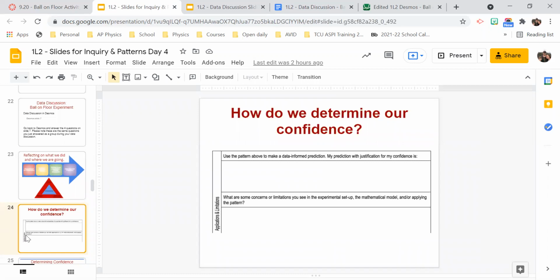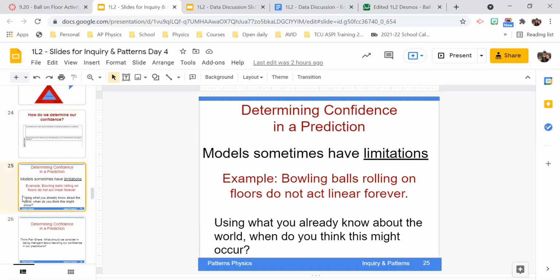And we determine confidence. We talked a little bit about limitations in class. That rolling ball, or that bowling ball in the video, cannot act linear forever. It can't have that same pattern. Friction is going to start slowing it down. There's going to be some wind resistance that's slowing it down as it travels.